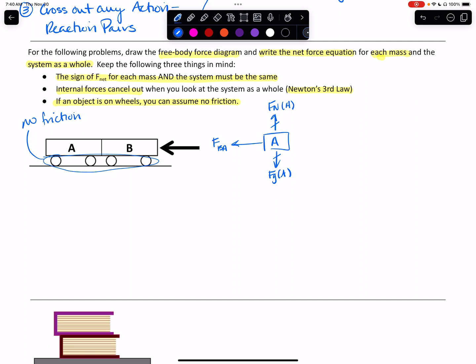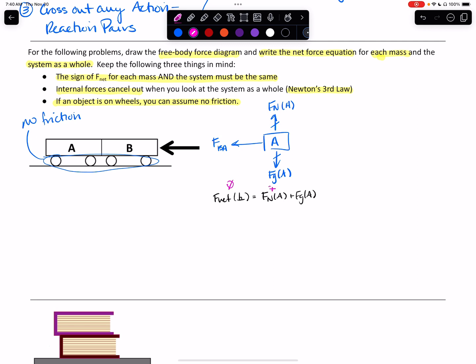So let's write our F net. We're going to start with the perpendicular F net, and that's going to be our vertical forces in this case. We're going to have the normal force and the gravitational force, and we know that this is actually equal to 0 because those are equal but balanced. But we could put in our signs.